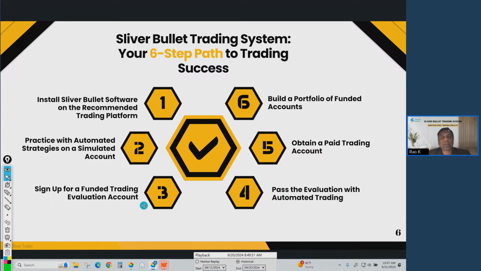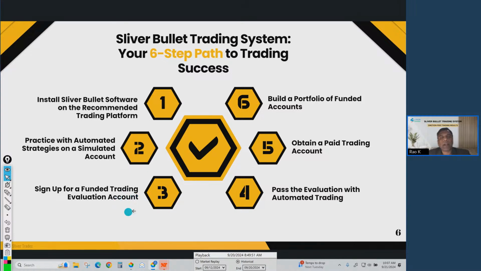Evaluation accounts come for a nominal monthly subscription, which could vary from $20 to $100 or in between. We have affiliation with several funding companies, and you can use our coupon to get a heavy discount on these evaluation accounts. More later on that, but here they want you to pass an evaluation.